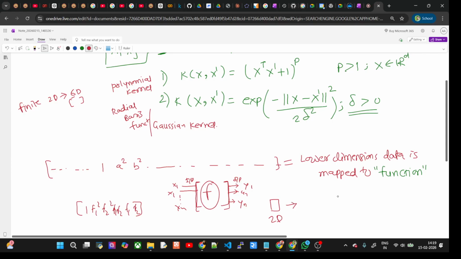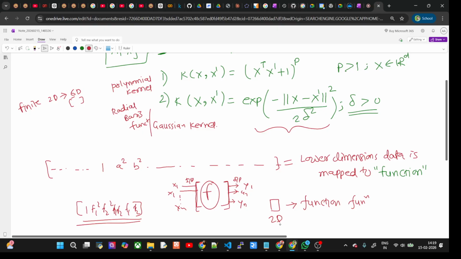Instead of mapping to a higher dimension point or feature, it is mapping to a function. So in the Gaussian kernel, there is no f1, f2, f3 like this. It has a function, and this function is what we have seen here. Whatever input you give, it puts that input there and gives you the output. That's all.